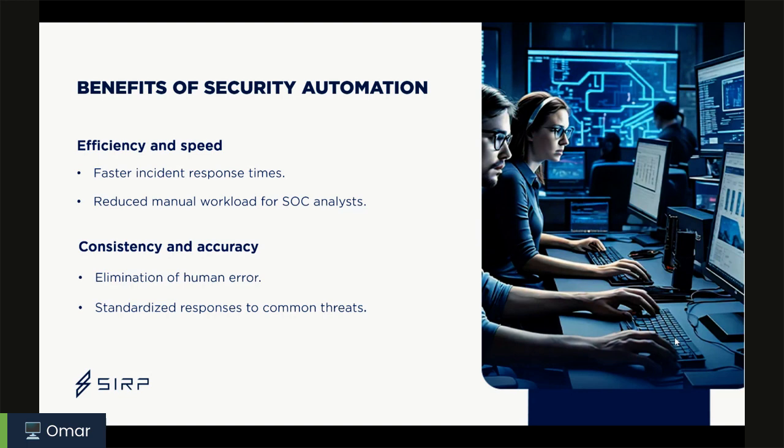Automation also allows for creation of standardized response in the form of playbooks for common threats. You can design the playbooks to automate your use cases. This ensures that incidents are handled in a uniform manner, reducing variability and improving overall response effectiveness.